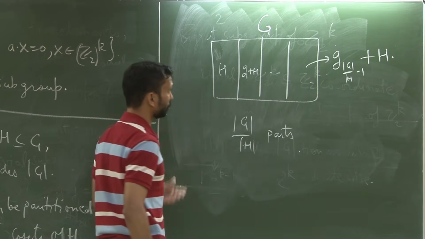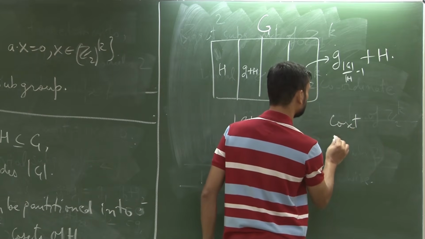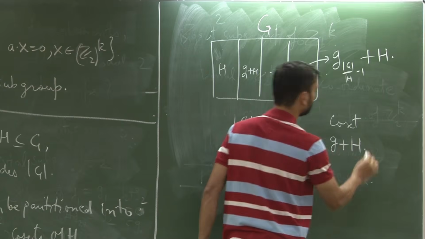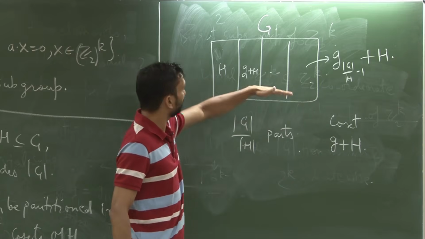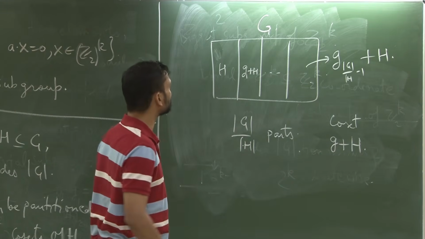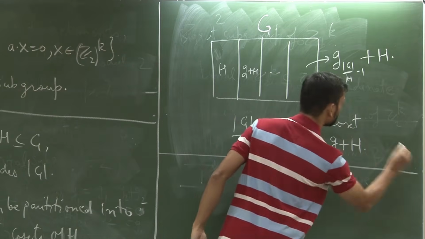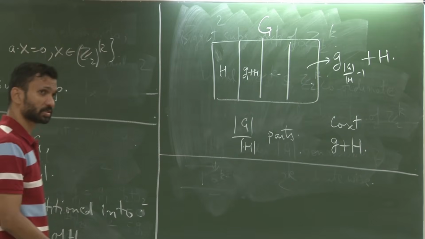Each part is a coset. That means it can be written as some element of the group plus H. Each of the cosets is distinct here and together they cover all of G. This structure is very, very useful. And this holds true for whatever the group, whatever the subgroup.